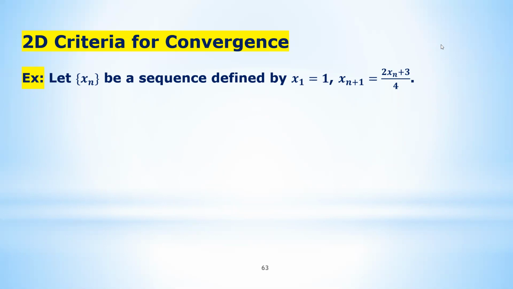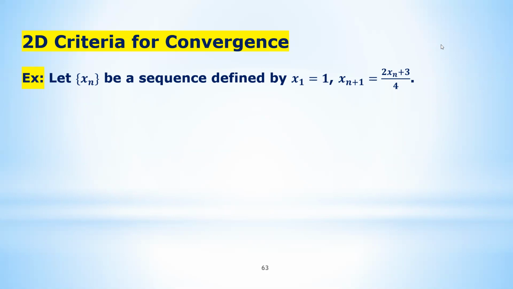This is how we define the sequence, because once you define x1 as 1, you can define x2, then you can define x3 using x2. Using this recursive relationship, you can define the whole sequence.